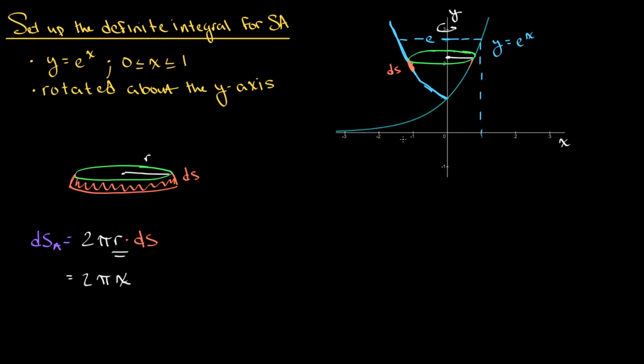If we want to integrate with respect to y, we need to express x in terms of y. So we'd solve y is equal to e to the x for x and have x expressed in terms of y. But again, the important point is that when we're revolving around the y-axis, this r value will be x. How we represent it depends on how we want to integrate.